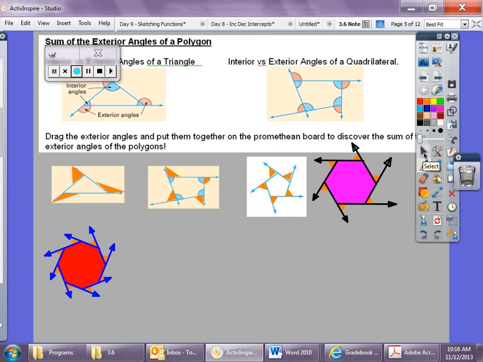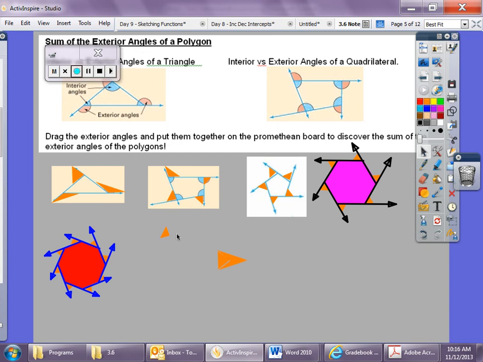Now interior angles are inside, and the exterior angles are the ones on the outside. If we take these and put them together, we're going to be forming circles.